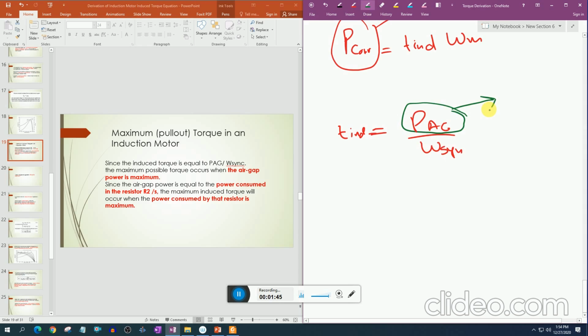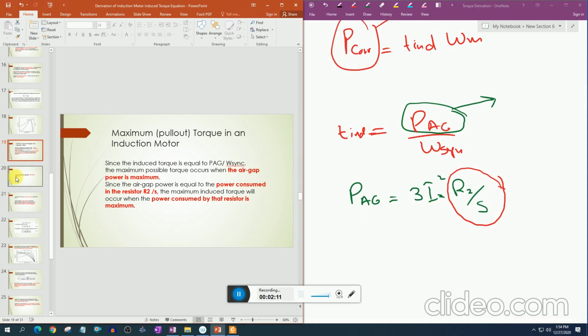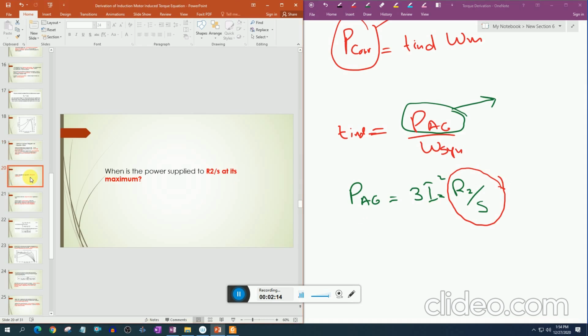P of air gap is 3 I2 square R2 by S. When the power consumed in this resistor is maximum, then P of air gap is maximum. And when is the power supplied to R2 by S at its maximum?